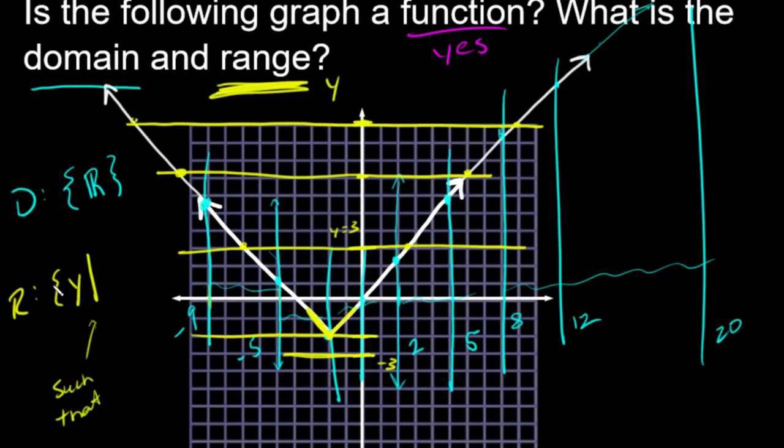The range is the set of all y values, or the set of y, such that your y's are greater than or equal to -2. So we said that -2 was the very minimum number for the range, and all the values greater than that were part of our range, all the y values, right? So that means that the range is the set of y's such that y has to be greater than or equal to -2. Okay? Great.